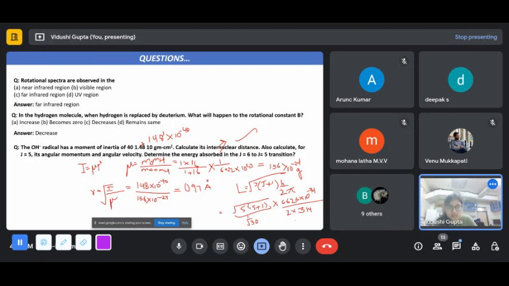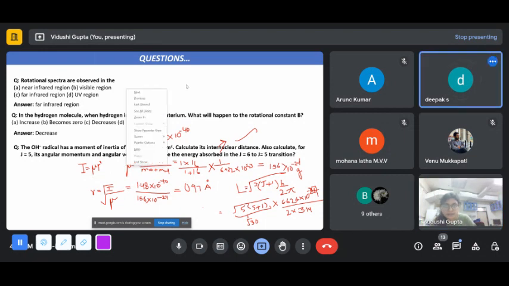Here also you can convert this value into erg. By converting it will be minus 27 when you convert into erg second. So now what will be the value of angular momentum? It will be 5.77 into 10 minus 27.